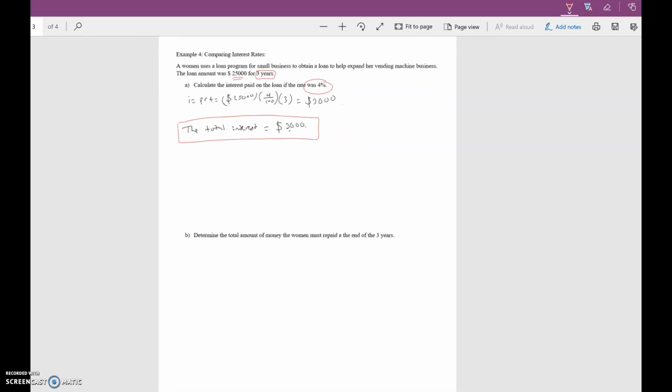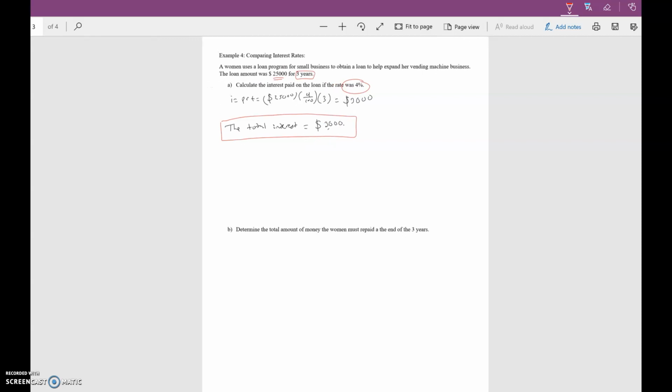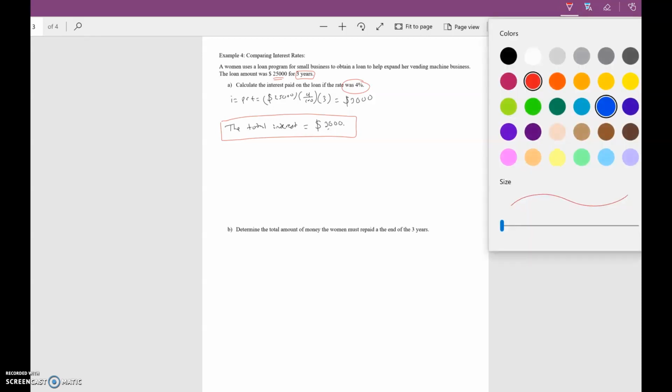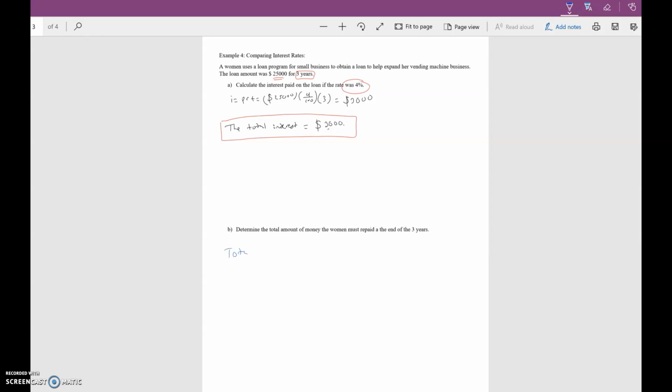Okay, so in part B, they want us to determine the total money that they're going to be repaying. Well, total money repaid is going to be equal to the interest plus the loan. So in this case, the actual interest was $3,000 plus the loan was $25,000.